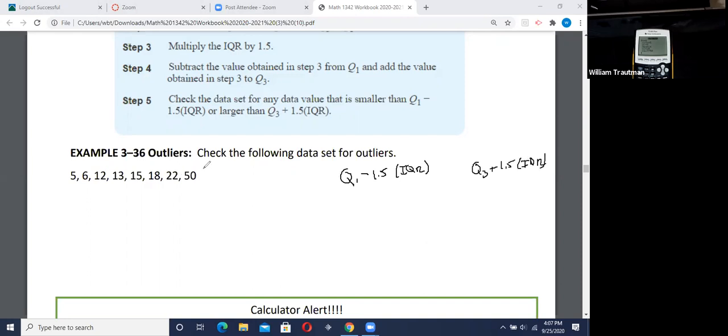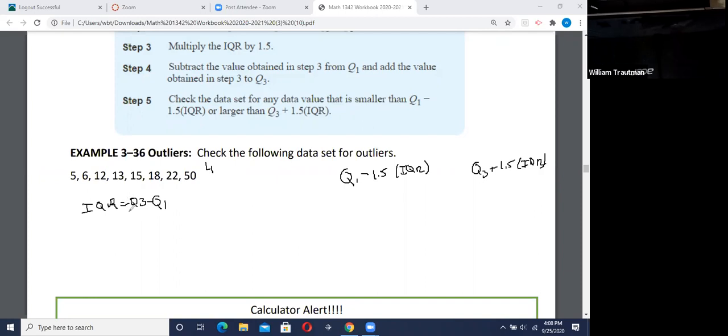Even though we have all this data, I'm going to put all this into L1. I need Q1, Q3, and the IQR. IQR, remember, was Q3 minus Q1. We have this data in our calculator already. It's the same stuff we were just using.